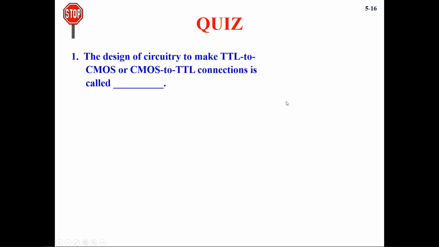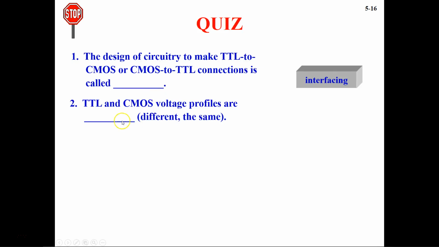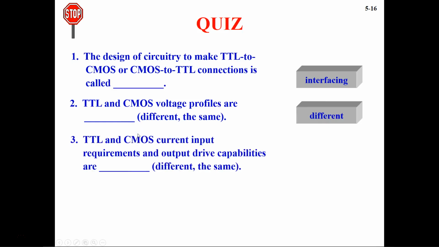Now let's quickly see some of the questions here. The design of circuitry to make TTL to CMOS or CMOS to TTL connection is called interfacing. Then we have TTL and CMOS voltage profiles. Are they same or different? They are different. Then we have TTL and CMOS current input requirements and output drive compatibilities. They are also different.